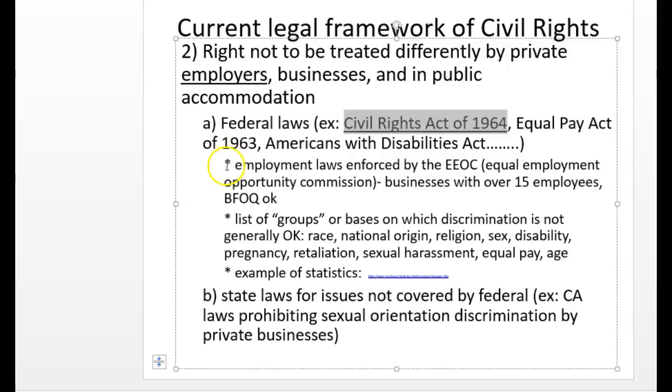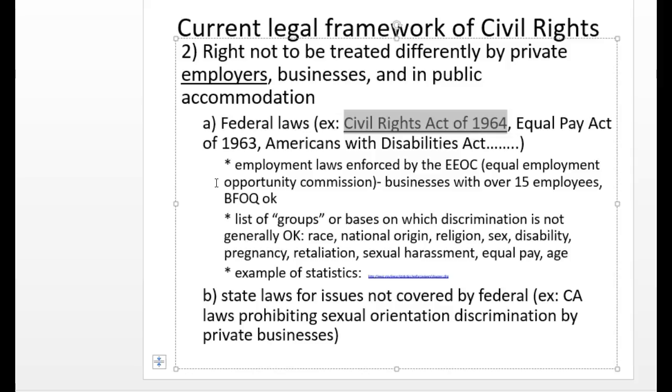And what it does is it sets up what's called the Equal Employment Opportunity Commission, which is going to mediate complaints, and they would do investigations, and they're the ones that would decide whether there's cause to think that a discrimination happened.